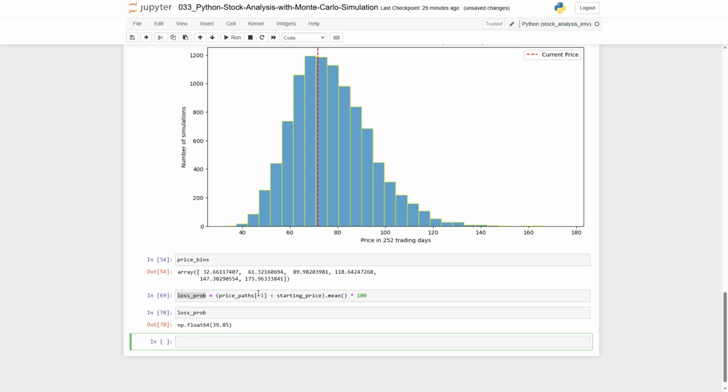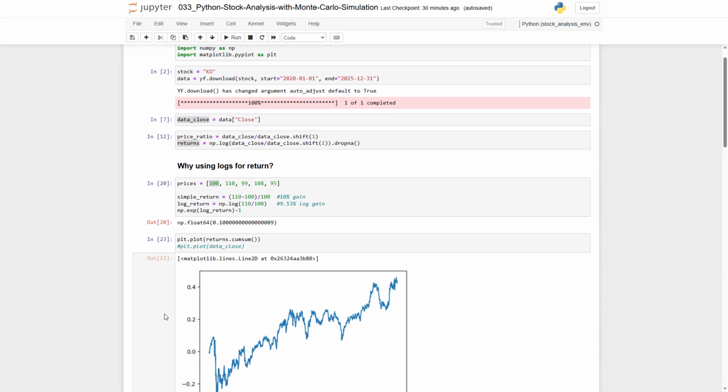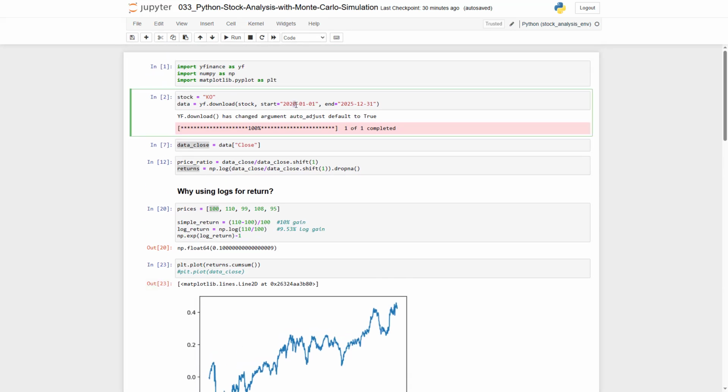So yeah, in this case, we should be with a loss in around 40% of the time. We'll probably lose money 40% of the time, but if we want to be like, I don't know, bad guys, we can do something like this.